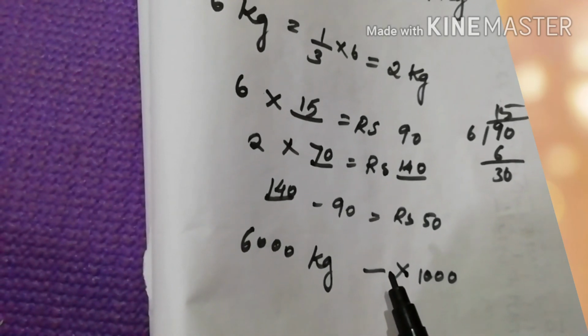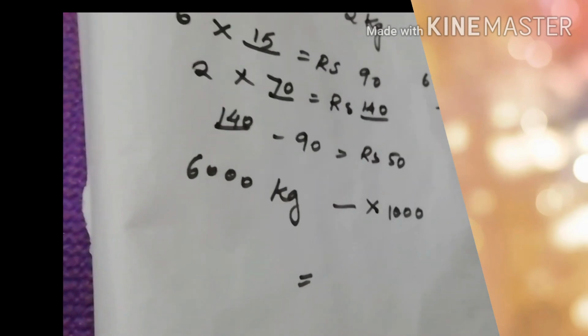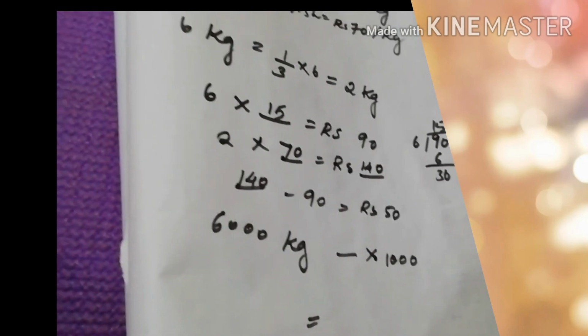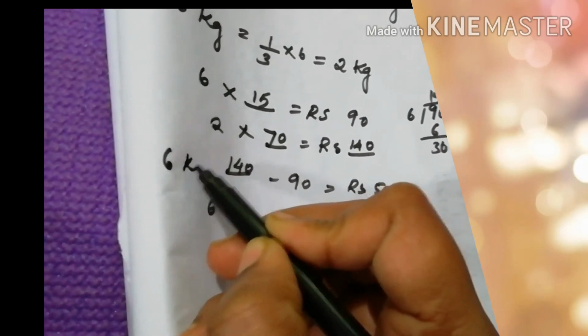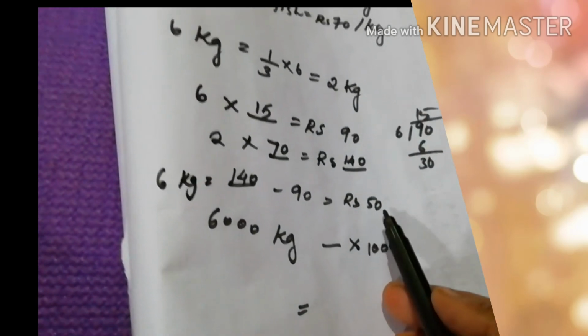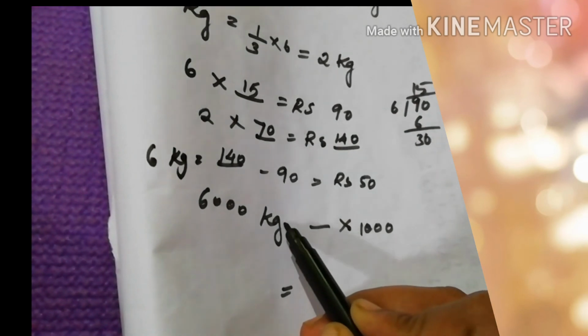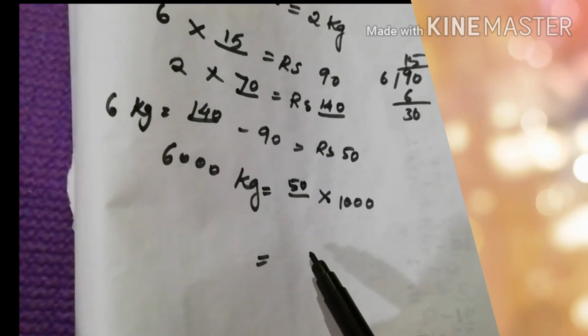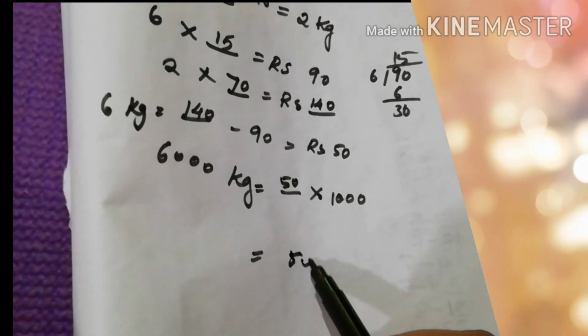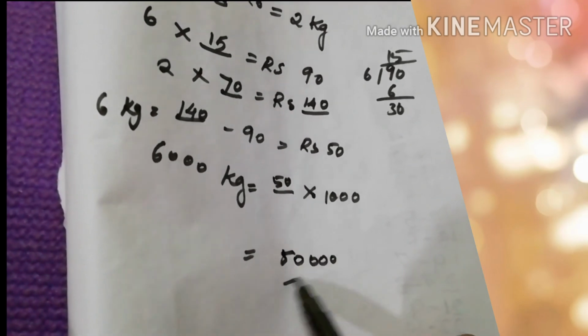What is the answer? Here we know that for 6 kilogram dry fish, we have rupees 50. For 6,000 kilogram, 50 into 1000, that is 50,000.